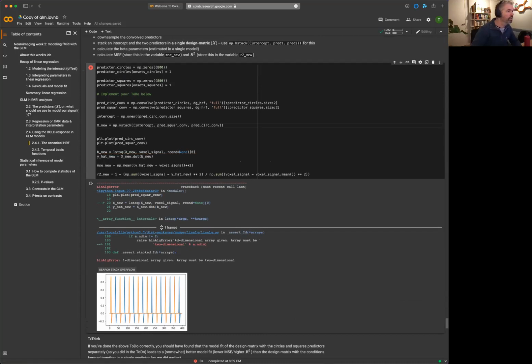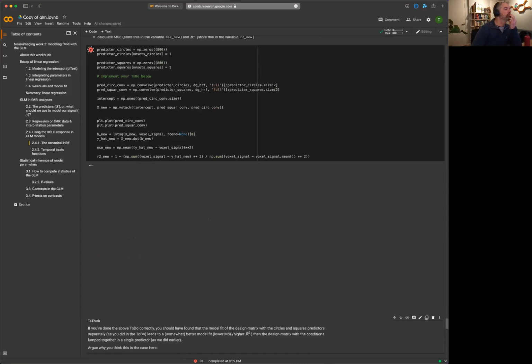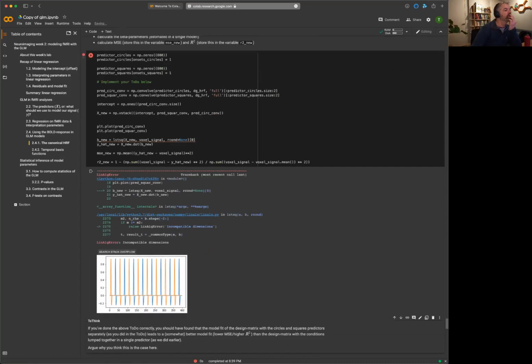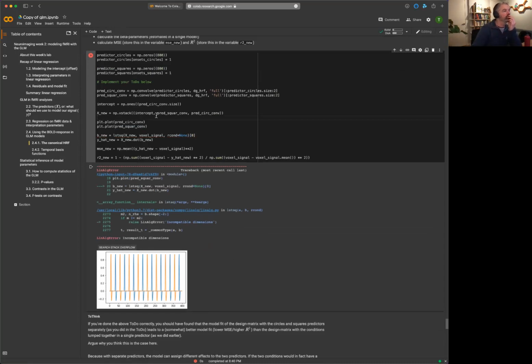Let's check. I may have done this in the wrong direction. We might get another error, incompatible dimension. So yeah, I'm fiddling around a bit with these because I had changed these dimensions. It doesn't really add up anymore. So now I should do this.